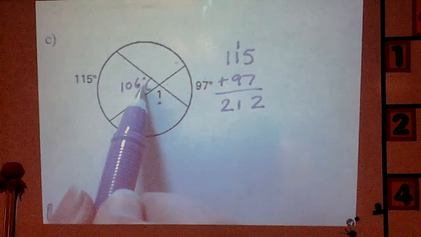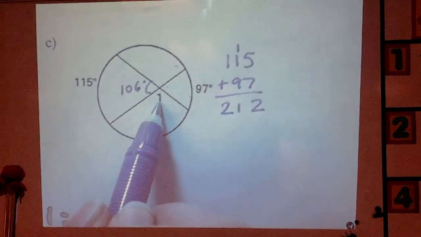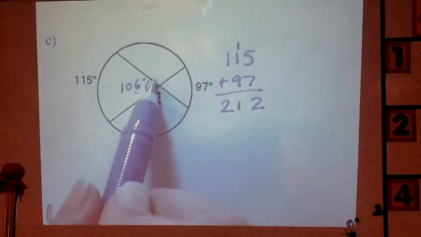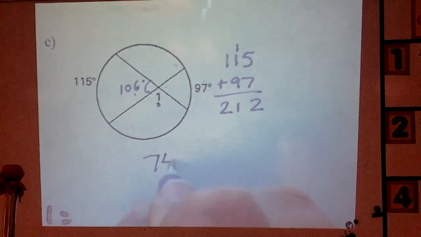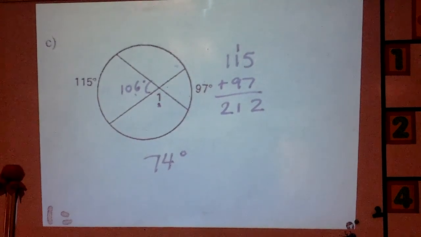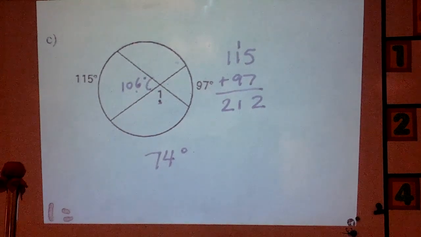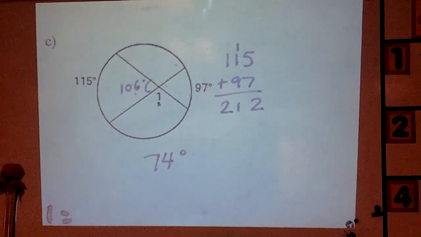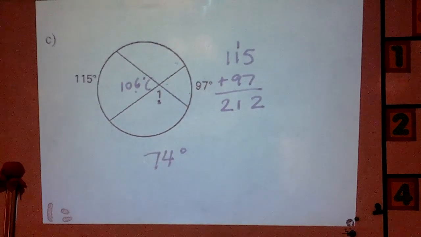It's giving me the angle that's supplementary. So if I added angle 1 to 106, I should get 180, which means that angle 1 is really 74. So I gave you some extra credit if you gave me 74 degrees, because even I, the first time I looked at this problem, was like, yay, 106, we're done. So that was just a nice little thing for you if you did that way.